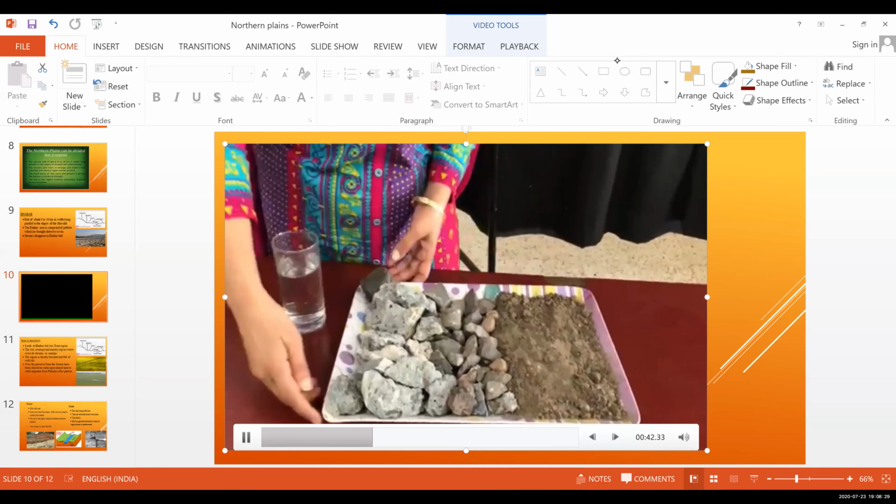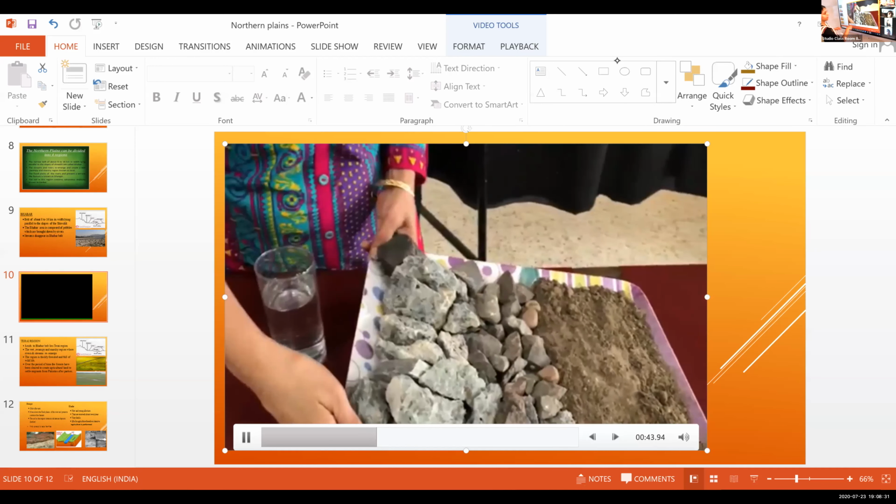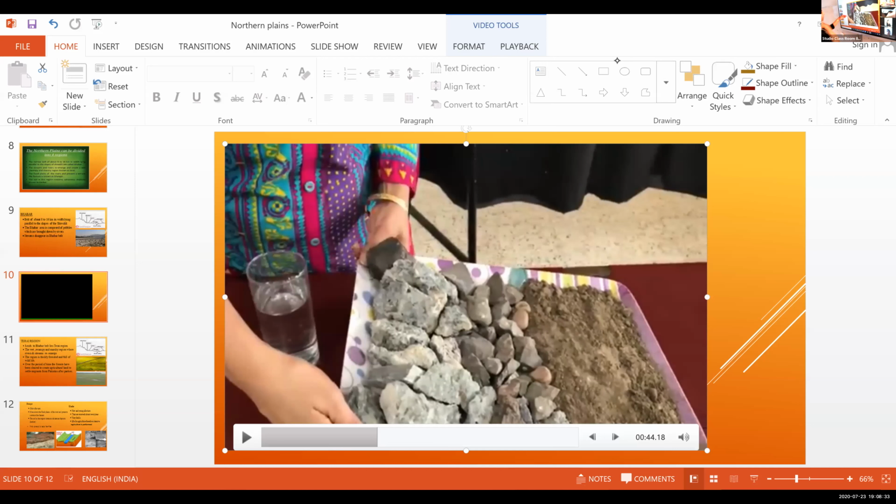You can see sand, pebbles and rocks. The rivers flow down from those mountains, or originate from the mountains. These rivers deposit pebbles, stones, sand and alluvial soil at the foothills of mountains.